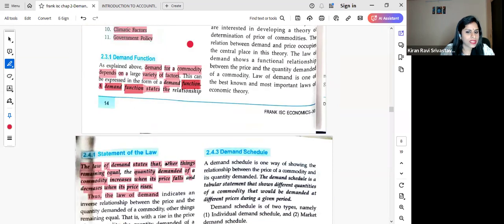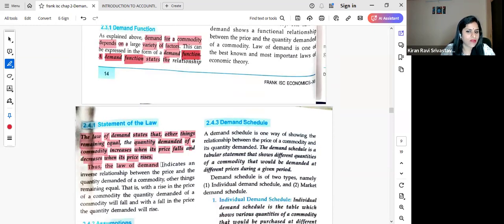The law of demand states that other things remaining equal, the quantity demanded of a commodity increases when its price falls and decreases when its price rises. Thus, the law of demand indicates an inverse relationship. So this is one of the key words you have to write. It is an inverse relationship between the price and the quantity demanded of a commodity.